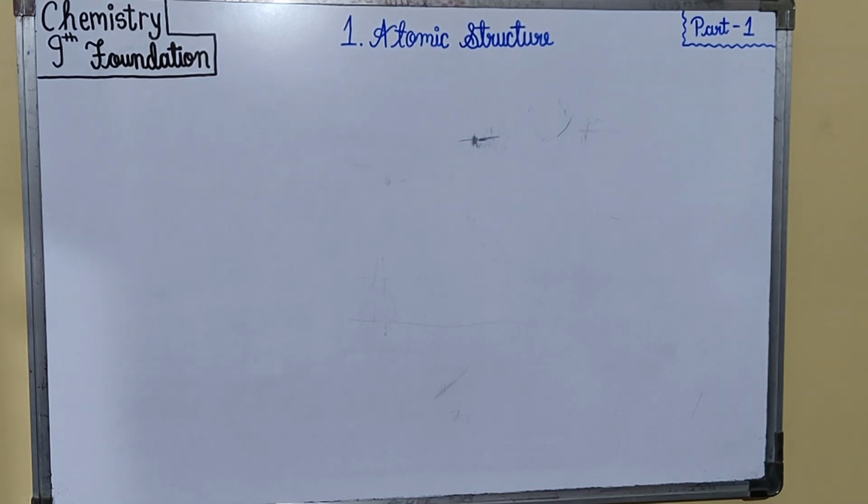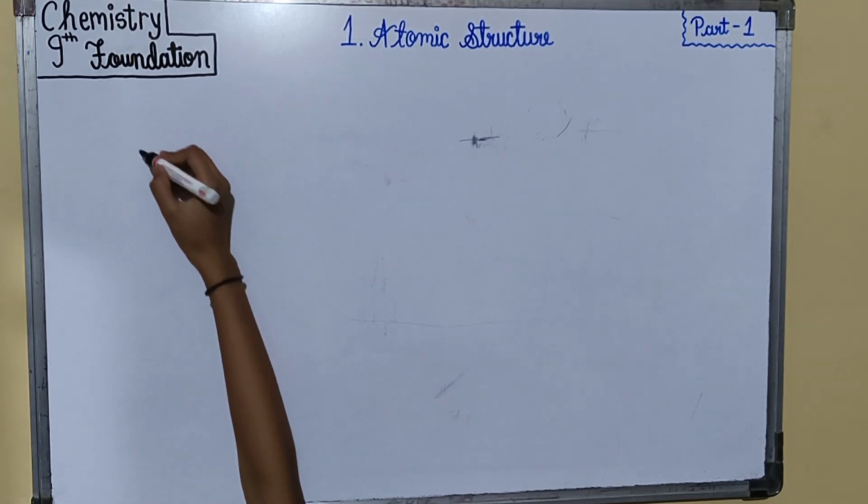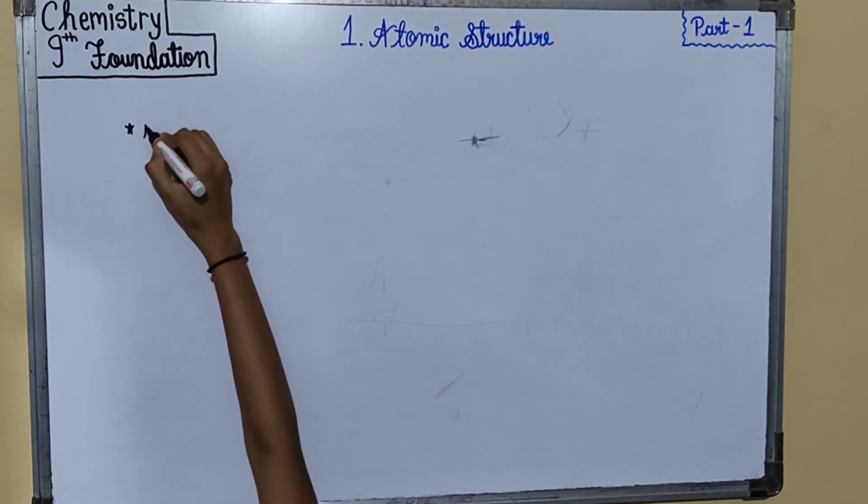So let's start this chapter with a short introduction. While studying chemical classification of matter, we have learned that matter is made up of atoms and molecules. These are in fact the building blocks of matter.